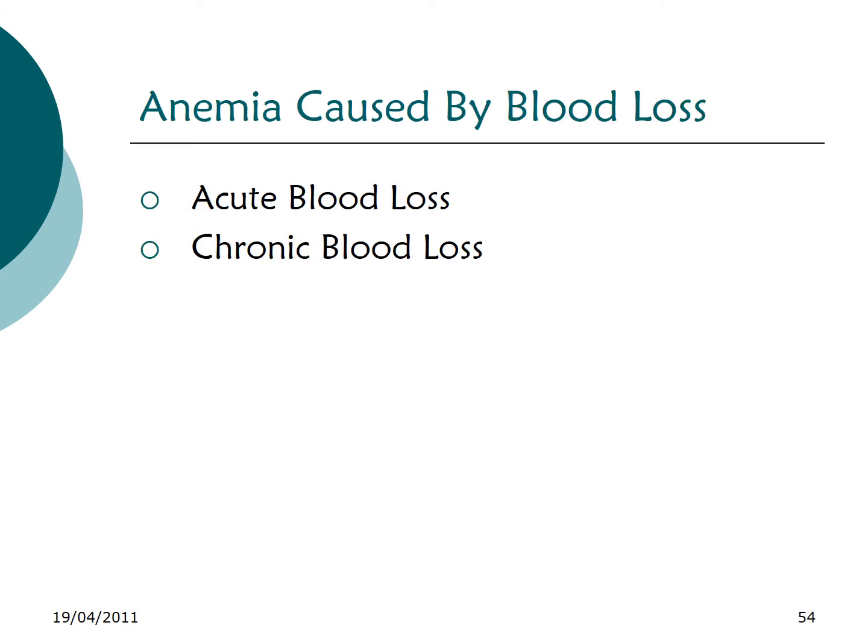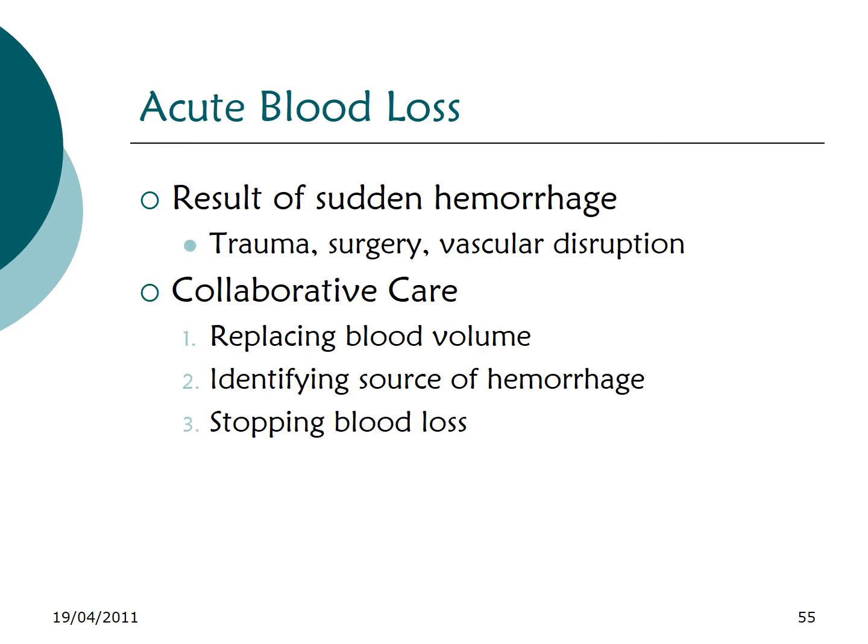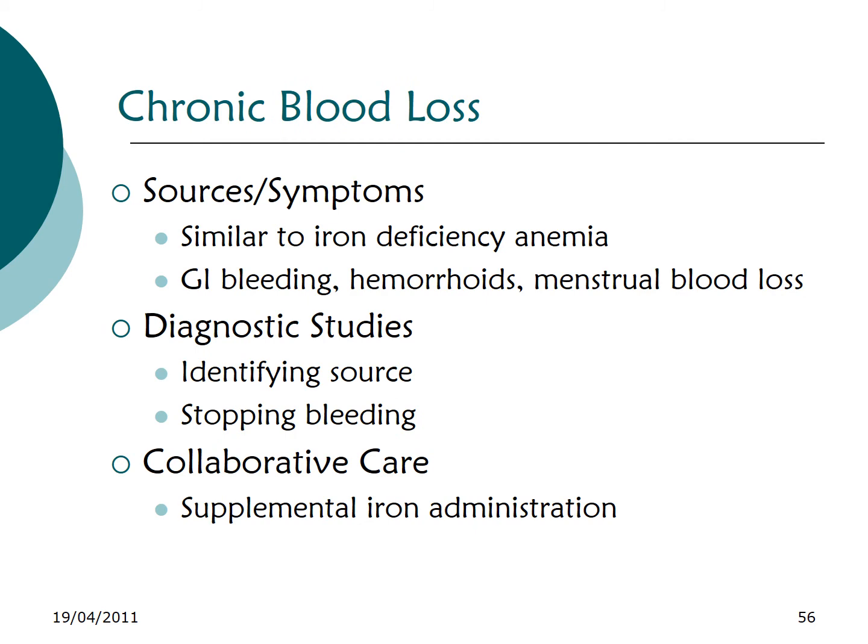Next slide. Anemia that is caused by blood loss, either acute or chronic blood loss. Next slide. So acute blood loss results from sudden hemorrhaging, such as trauma, surgery, or vascular disruption. The collaborative care is replacing the blood volume, identifying where the hemorrhage is, and stopping the blood loss. So this is an acute loss. Chronic blood loss is similar to iron deficiency anemia, because it's chronic over time.